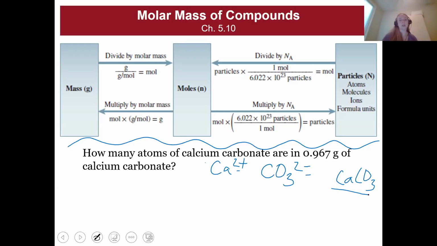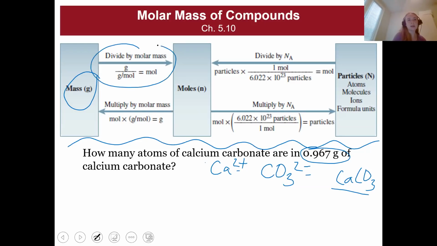So what are our steps in this process? We start with a mass. That's what we have in our question. And then to go to moles, we want to divide by the molar mass. So we've got to find the molar mass of calcium carbonate. So I'm going to let you guys figure that out. First, you want the molar mass of calcium and the molar mass of carbon and the molar mass of oxygen.